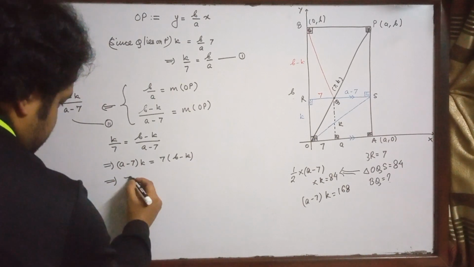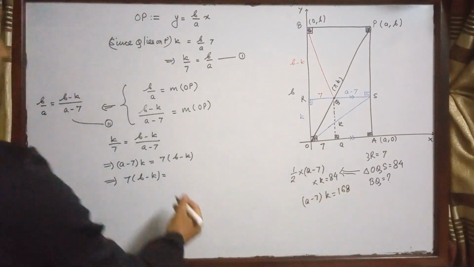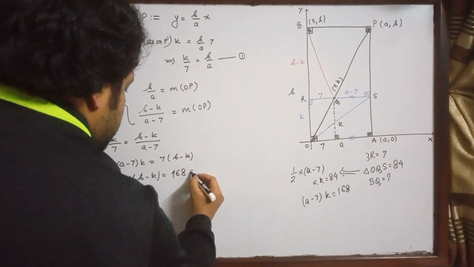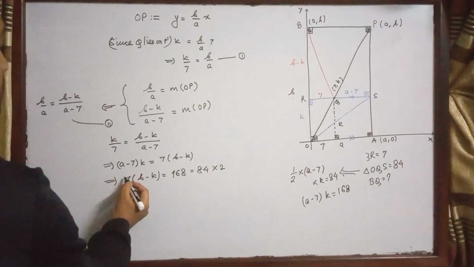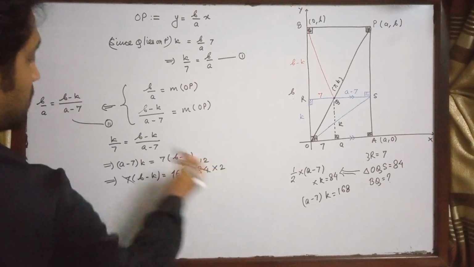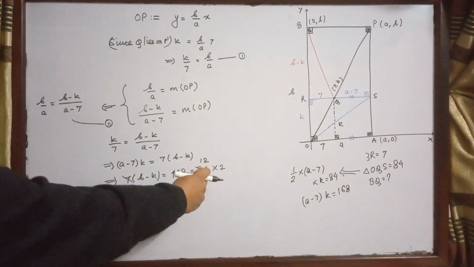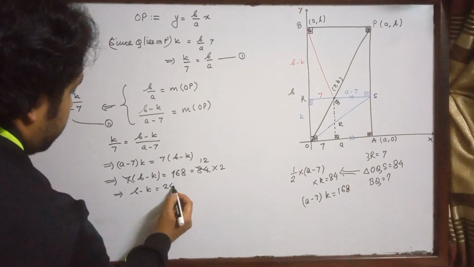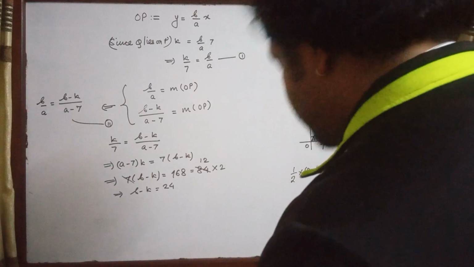So 7 times B minus K is equal to 168. I can cancel out the factor of 7 with 84, and 12 times 2 means that B minus K is equal to 24.